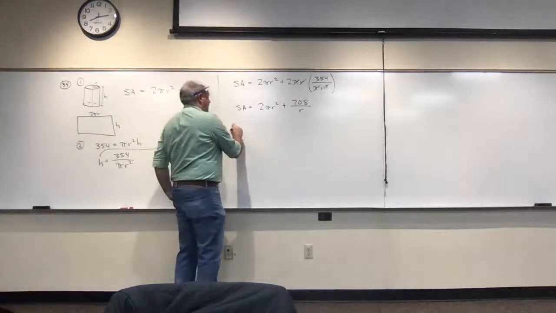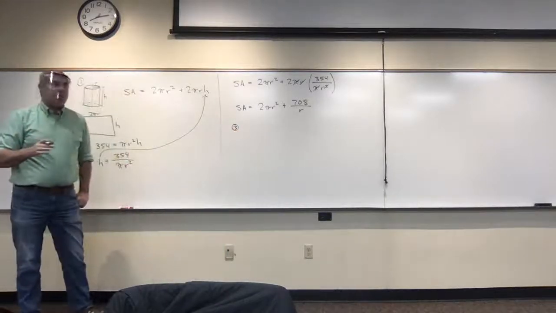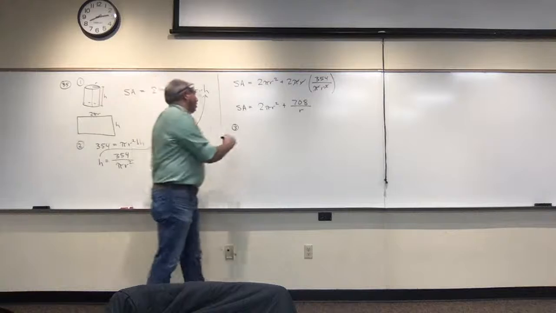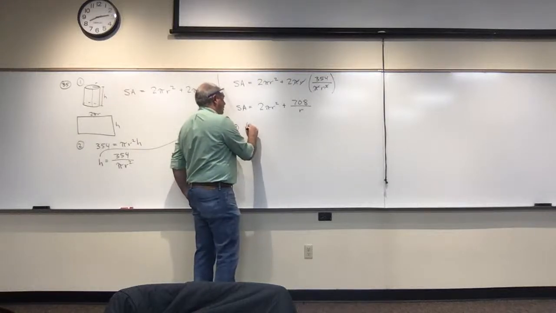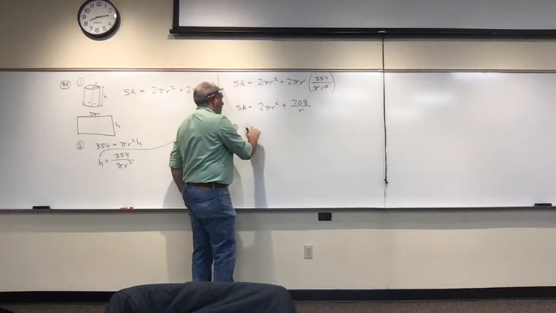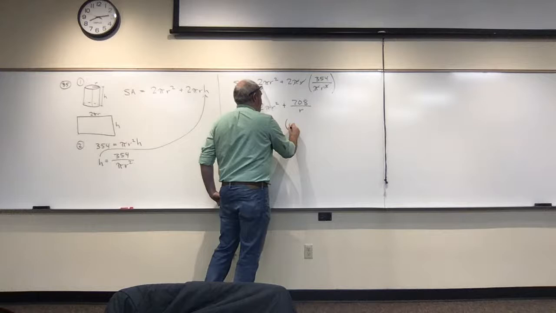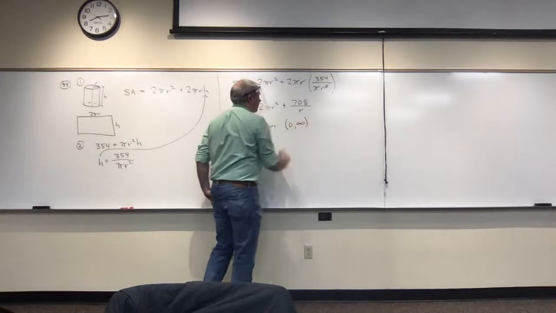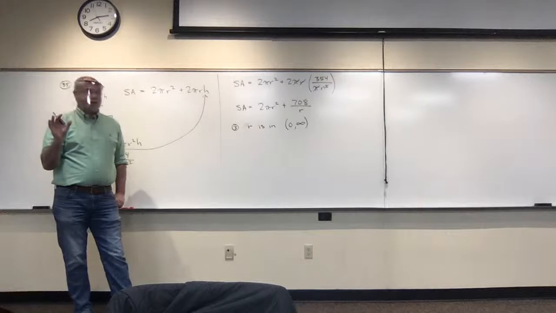So for my third step, where I talk about the boundary conditions on r, I'll just say r is in 0 to infinity. Okay, so there's not a closed interval on which r lives.